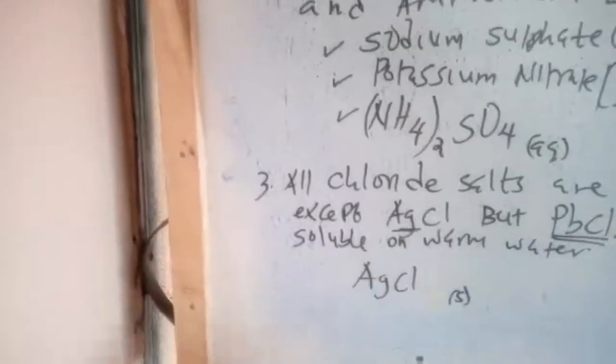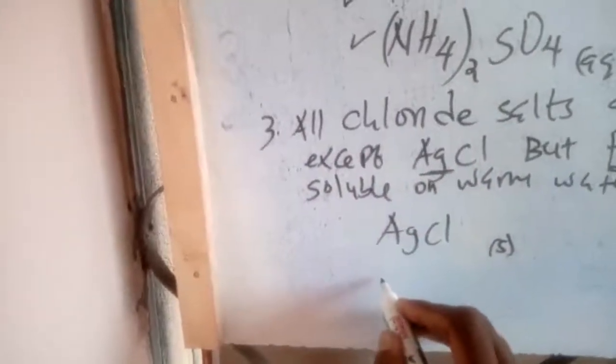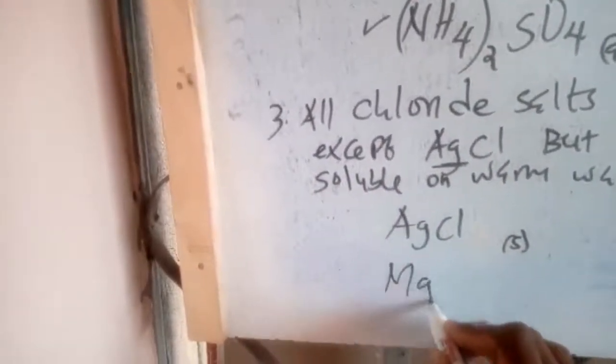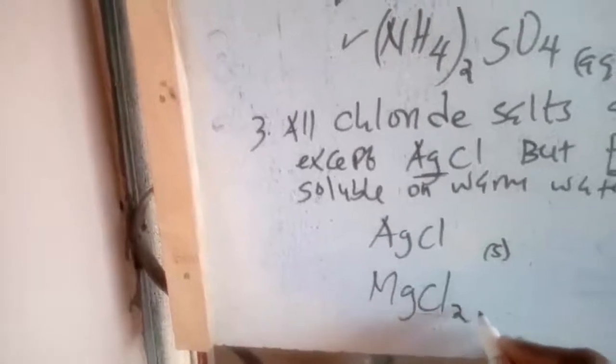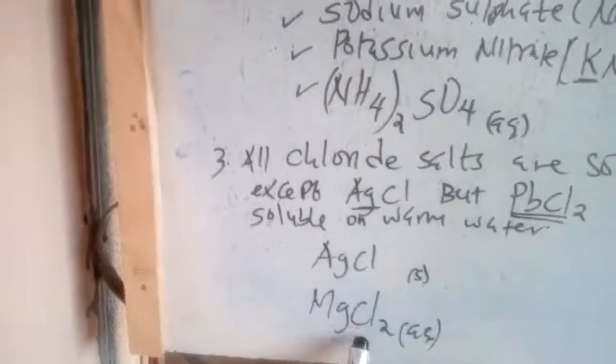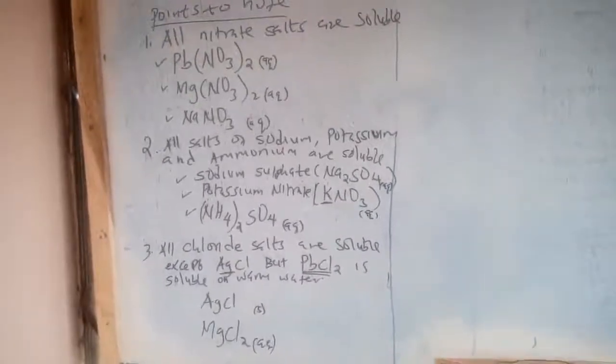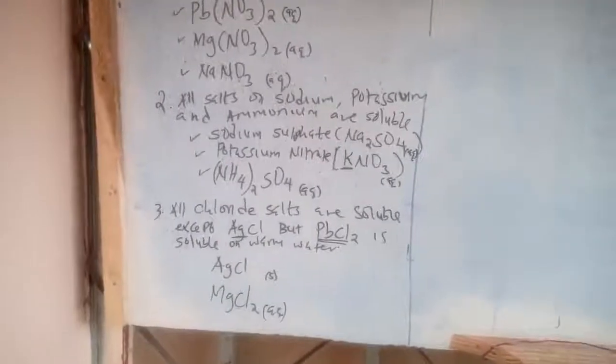For lead chloride, Pb, I've already written the symbols. You're supposed to know all chloride salts are soluble. If I come up with magnesium chloride, I will write (aq) because magnesium chloride is soluble. There is only one exception here, that is silver chloride. However, lead(II) chloride is soluble in warm water.